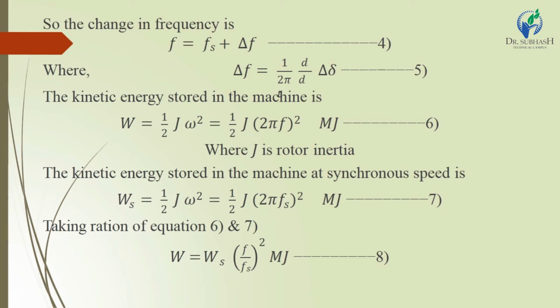The kinetic energy stored in the machine at the synchronous speed is Ws = 1/2 J ωs², which is 1/2 J (2π fs)² megajoules, equation number 7. Taking the ratio of equation number 6 and equation number 7, we can write that W = Ws f²/fs² megajoules. This is known as equation number 8.